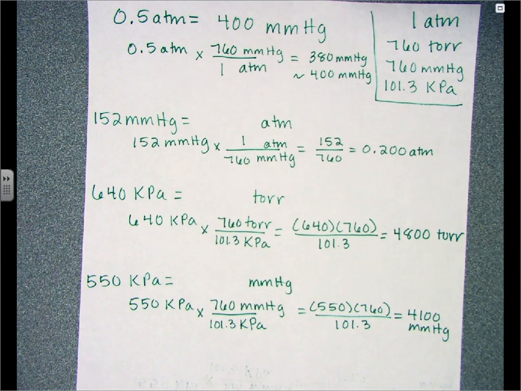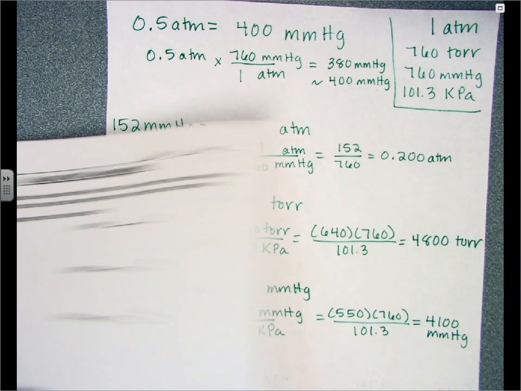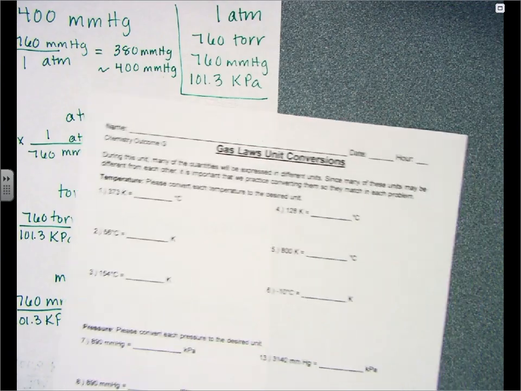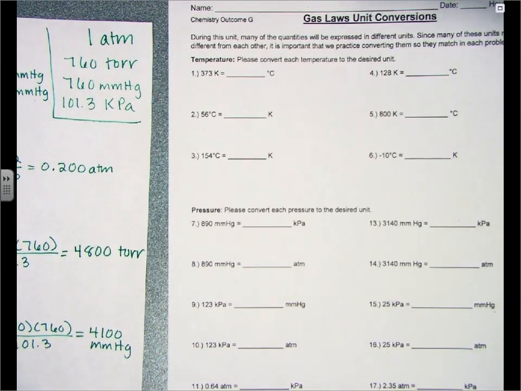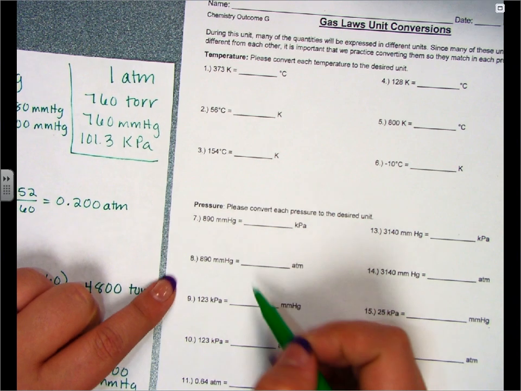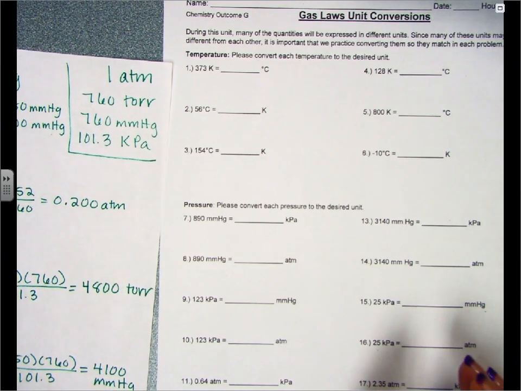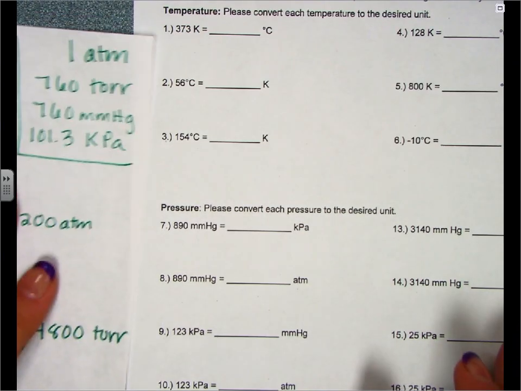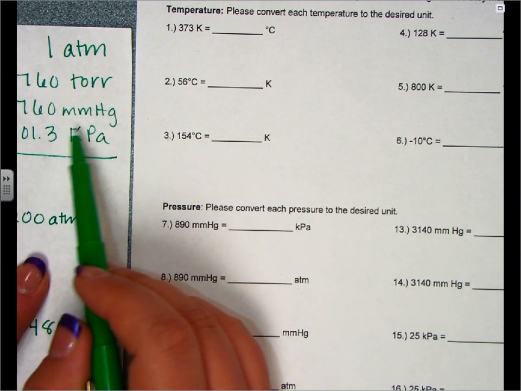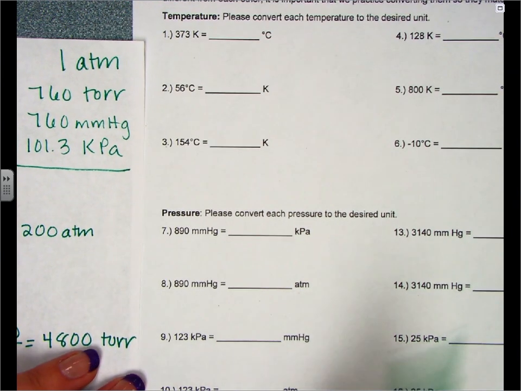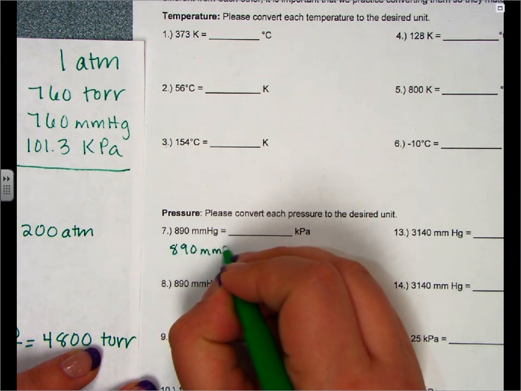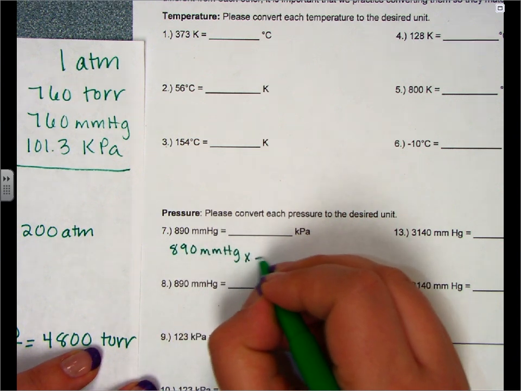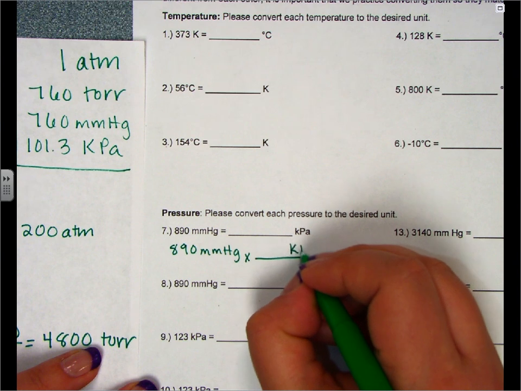So now I'm going to transition into the worksheet that you should have gotten today. It's called Gas Laws Unit Conversions. And so I'm going to do 7, 8, and 9 with you. And I'm going to leave my conversions right here so that I can see them while I'm doing this. So I have 890 mmHg, trying to find kPa.